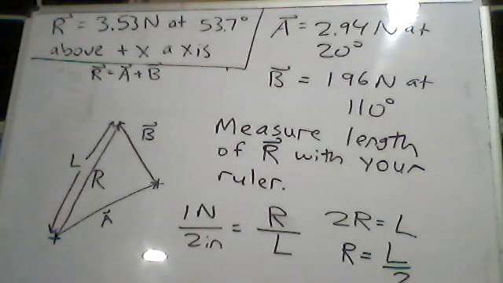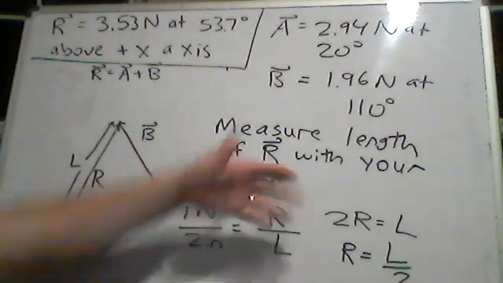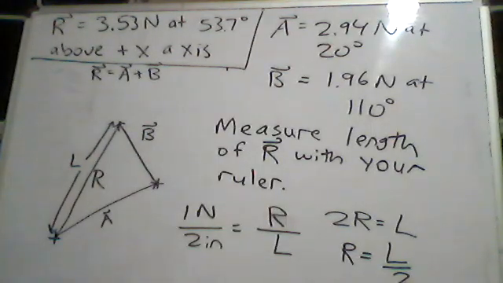The only math associated with this method is just real simple math to do the scale factors and the proportions. There is no trigonometry associated with the graphical method. There's very little math, mostly measurements. The algebraic method, that's where you do all the trigonometry. That's your purely mathematical method.